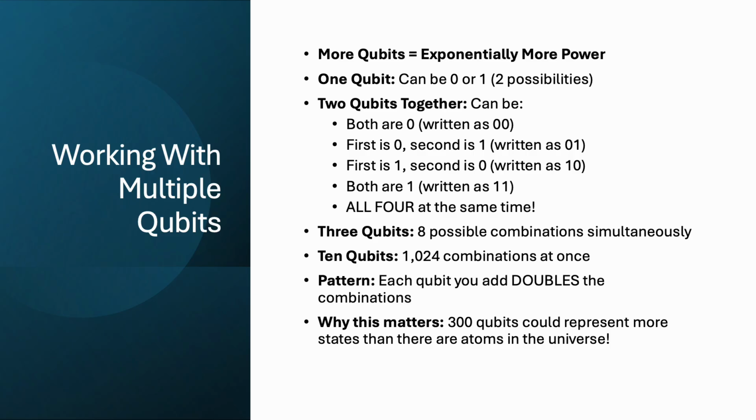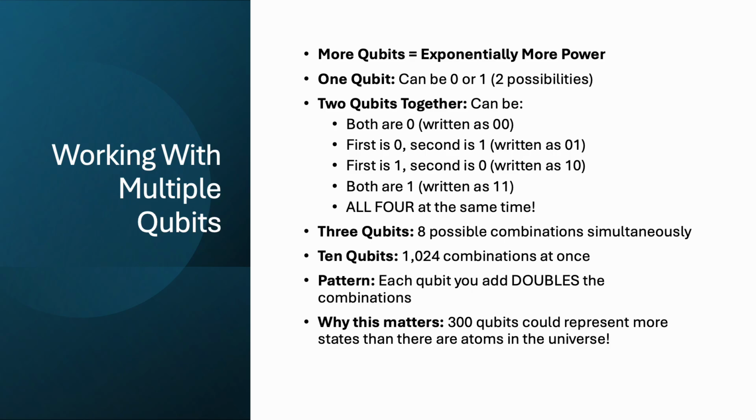So, working with multiple qubits. When we move from single qubits to multiple qubits, the power of quantum computing really starts to become apparent. Let us start simple. One qubit can be in two possible states when measured, 0 or 1. But what about two qubits?